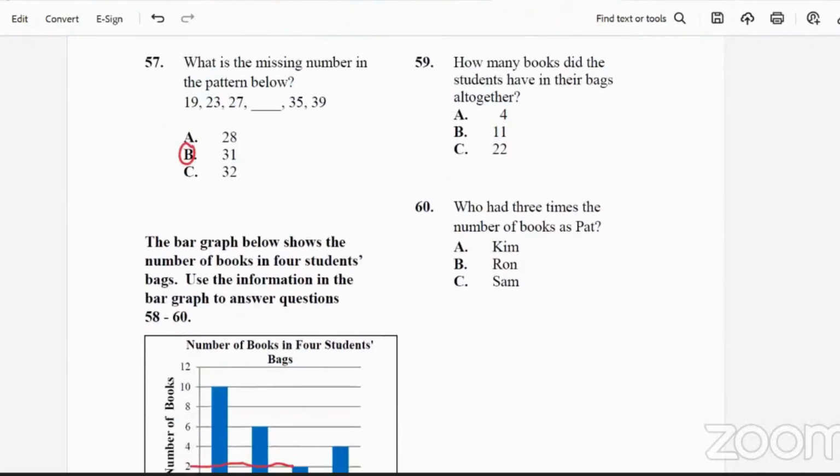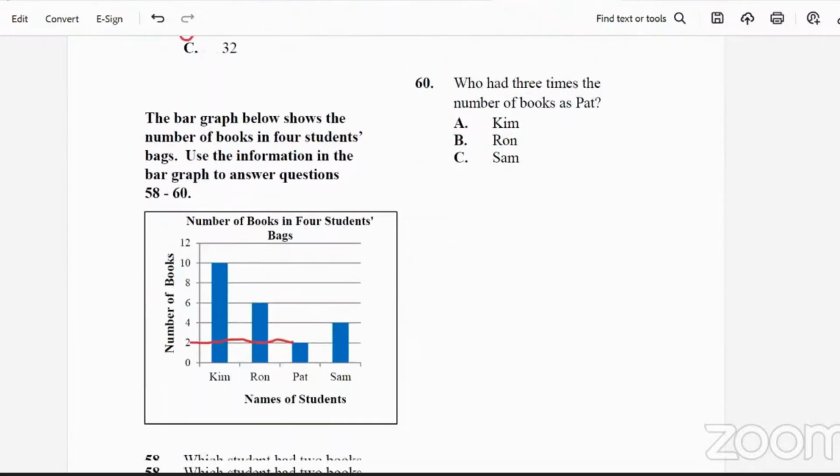All right, so 59 says, how many books do the students have in their bags altogether? So we're going to be adding all the books. So for Kim, that's the first one, Kim was 10. Ron was 6. Pat, 2. And Sam, 4. Okay, so here's Kim. That's where I got the 10 from. Ron, 6.